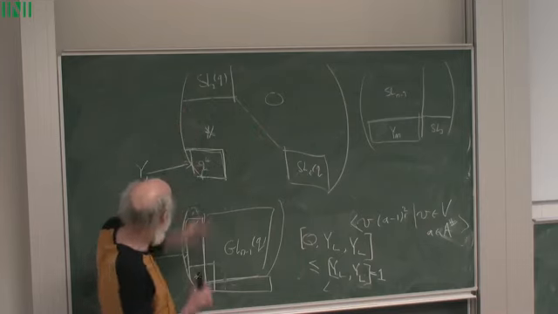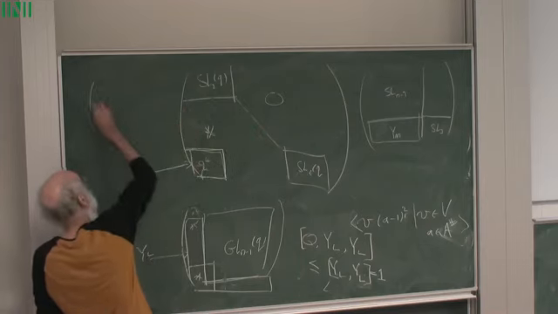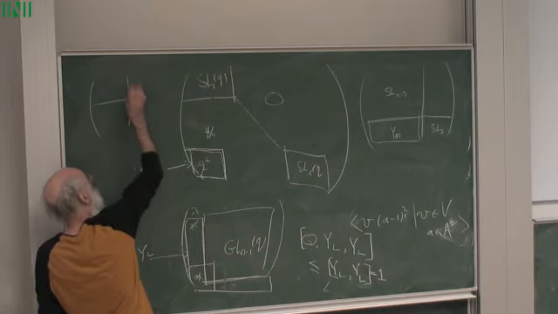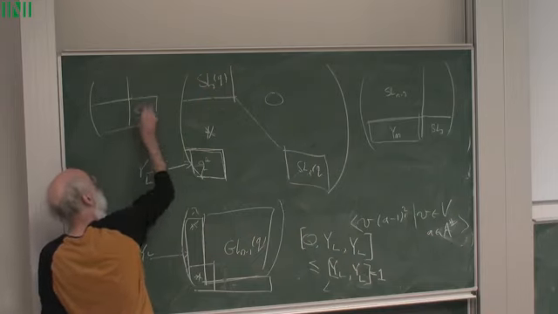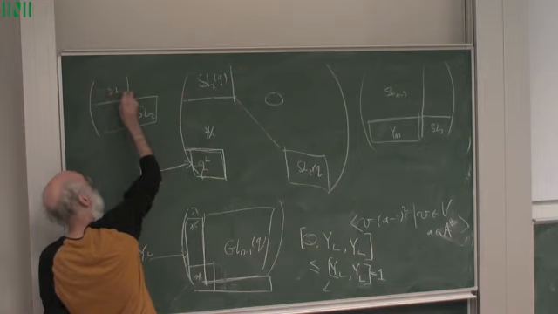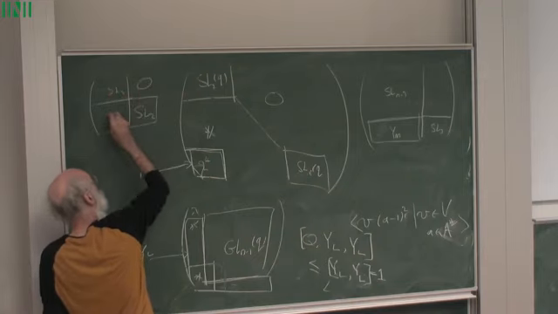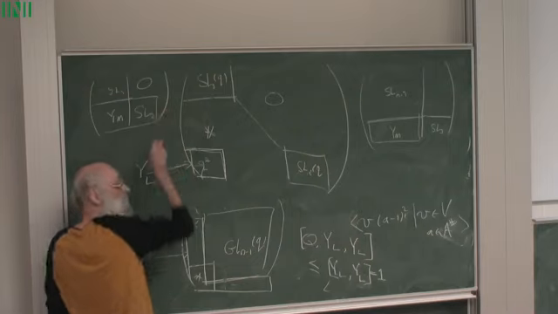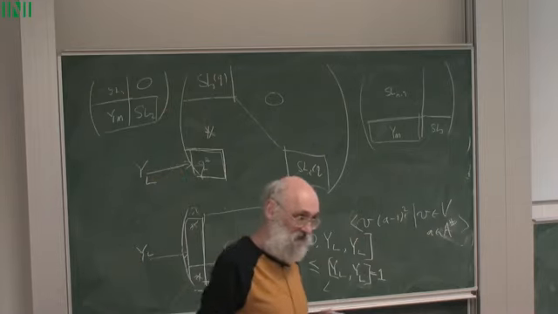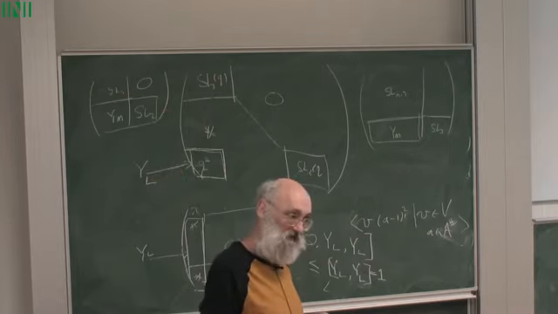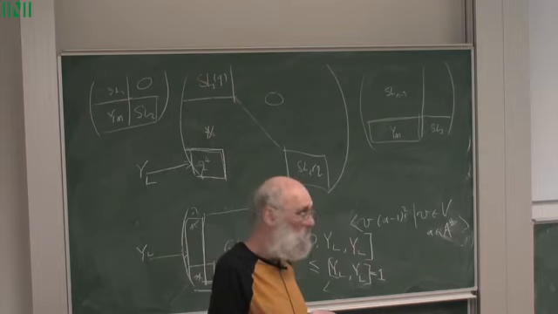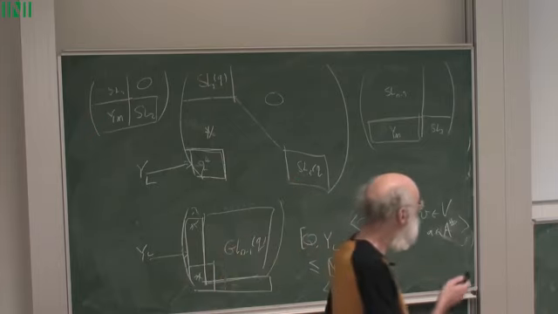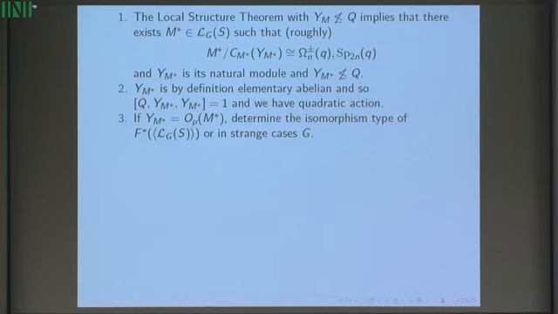That would mean that I was actually looking at something like SL4 in this case. And that case has to be dealt with separately. So if Ym is OP of M*, we determine the isomorphism type of this, or we're in some very strange cases.